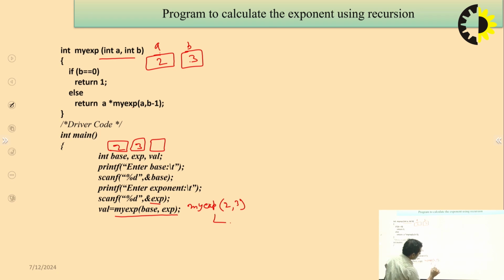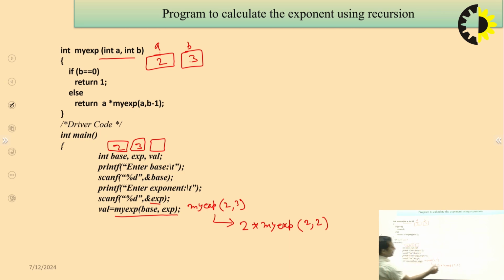This will call this recursive definition, that is 2 into my exp, where the second parameter decreases by 1, so this becomes 2, 2.